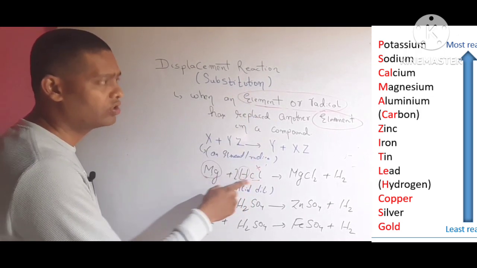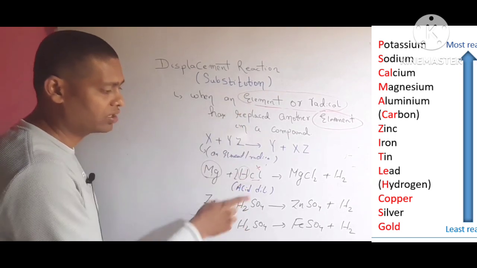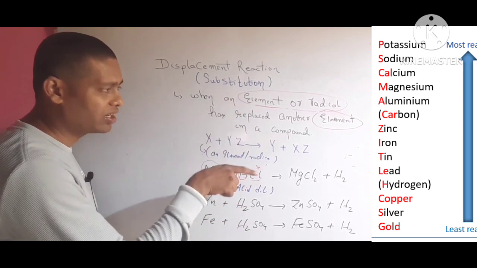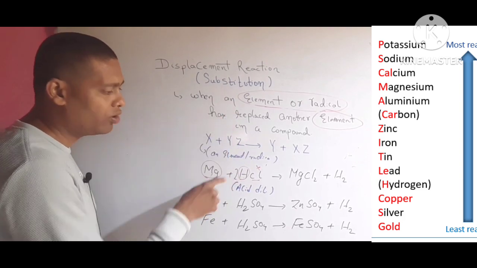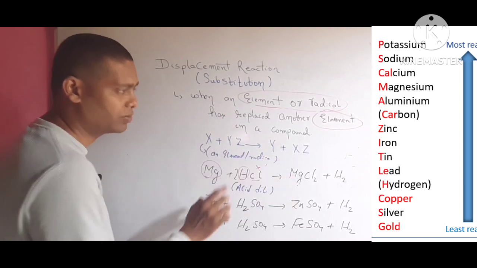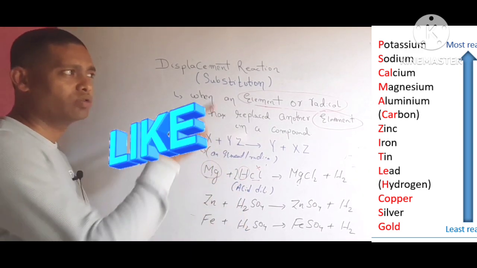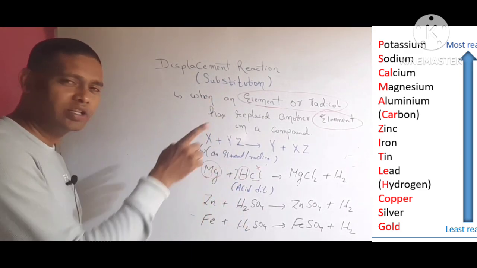No, sir, hydrogen is there, so you will see hydrogen. Is SO4 there? No. So whatever is lying in the series, you will see between those two which one is lying above. If it is lying above, the reaction is possible. This is the way you do a displacement reaction using the reactivity series, in the case of metals and non-metals.